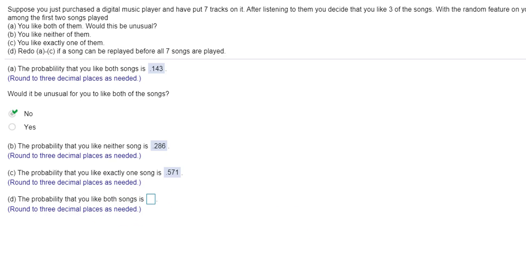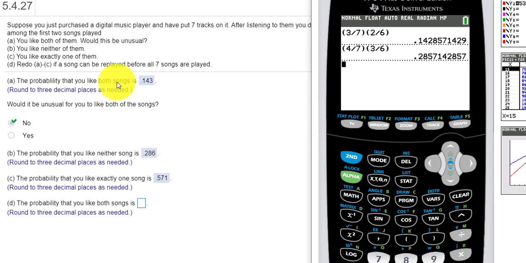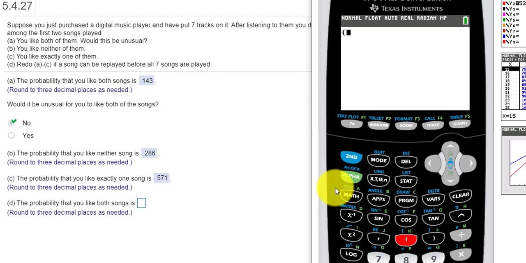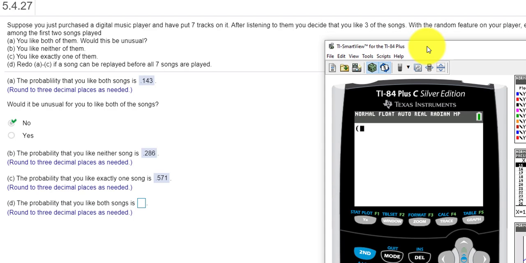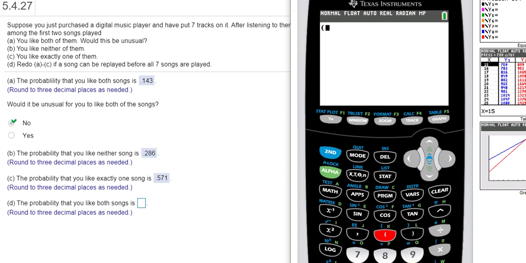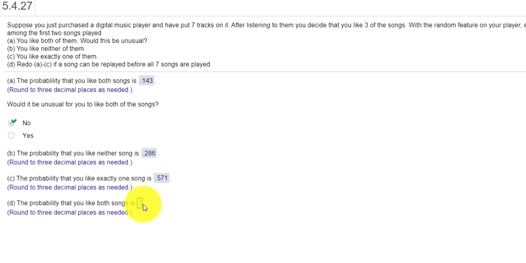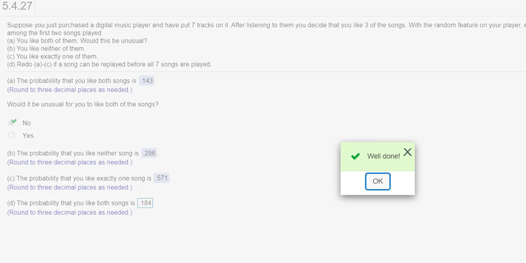So the probability that I like both songs, if all of the songs can be replayed, instead of 3 out of 7 times 2 out of 6, I believe that would be 3 divided by 7 times 3 divided by 7. I press check. I get 0.184. Check answer. We get the well done.